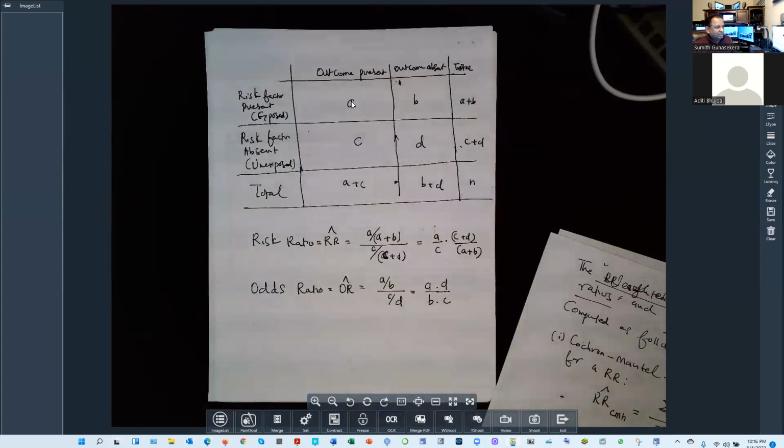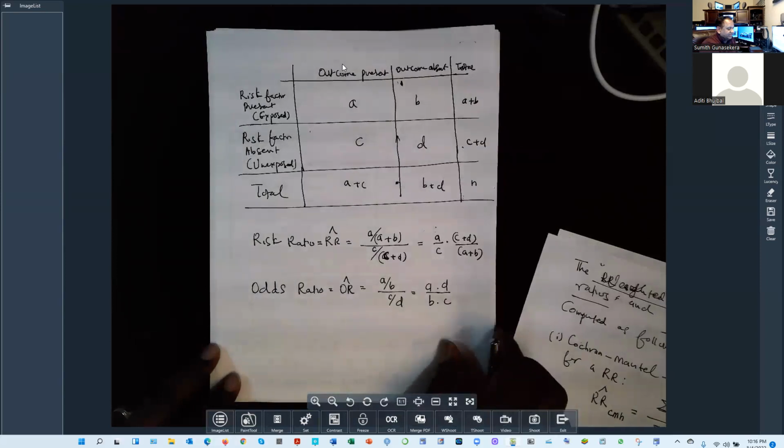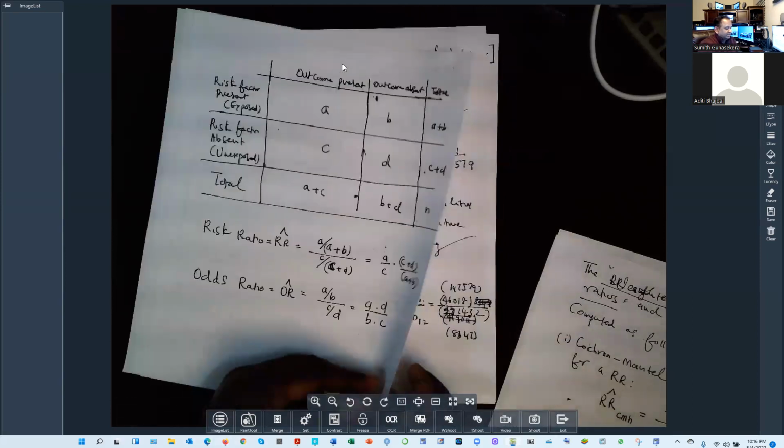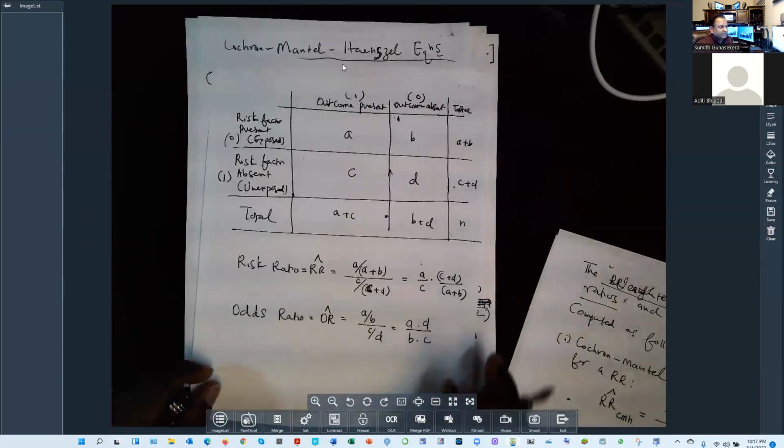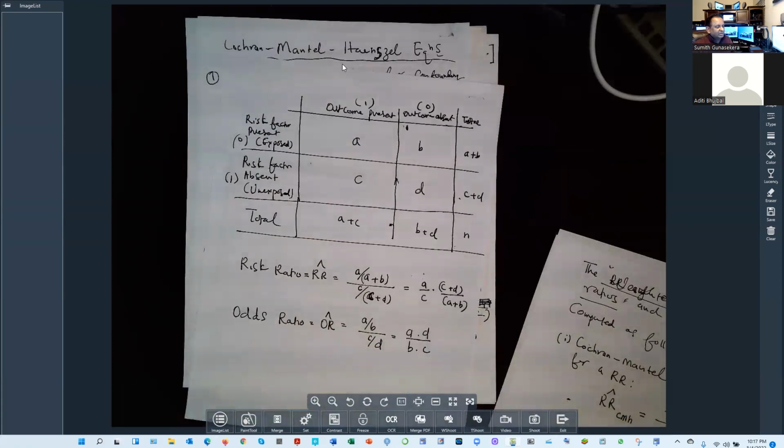Present, absent, make sure this one is like this table. Present 1, 0, this one 0, 1. That's how they put it.